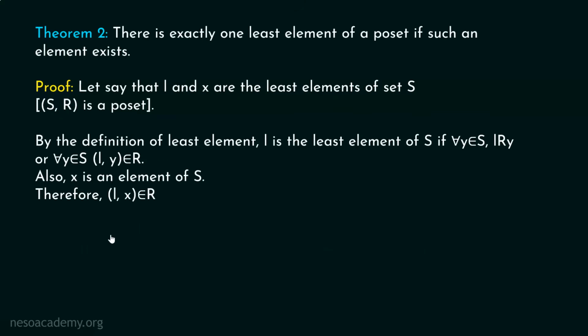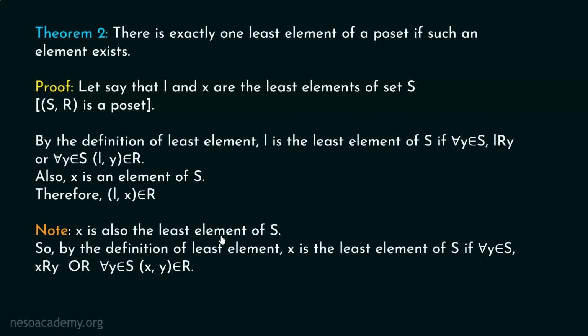Also, it is important to note that X is also the least element of S. So by the definition of least element, X is the least element of S if for all Y belonging to S, X is related to Y, or for all Y belonging to S, (X, Y) belongs to R, right? We can replace this Y by L because L is an element in set S, right?